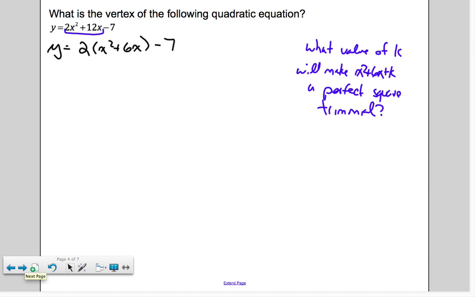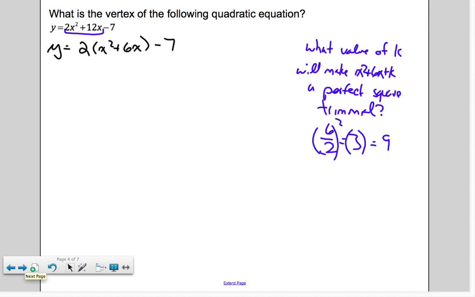Well, we use our formula, right? We take the 6x, and really just take the 6 divided by 2. 6 divided by 2 is equal to 3, and we take that and we square it, and we get 9.